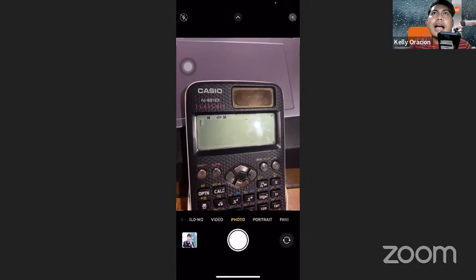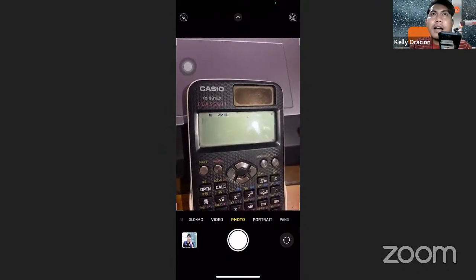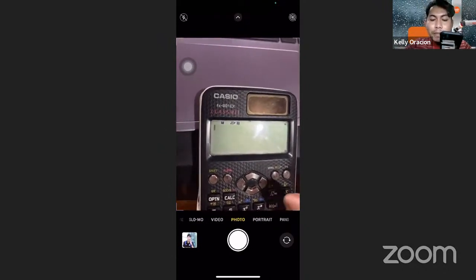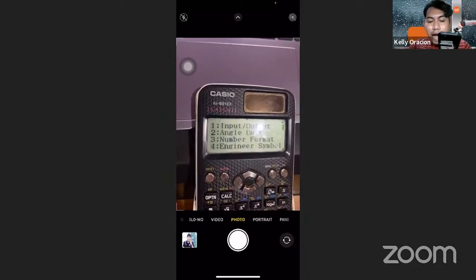Okay? Kung same tab calculator, tapos wala siya naka-D, so you can press shift, then press menu. The angle unit, press number 2, then press number 1 for degree.